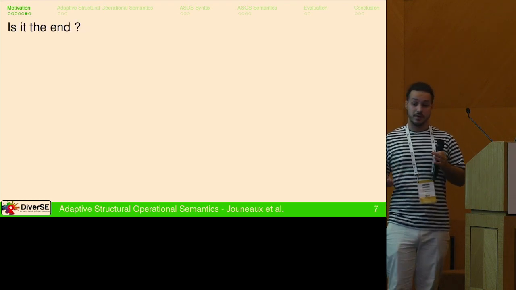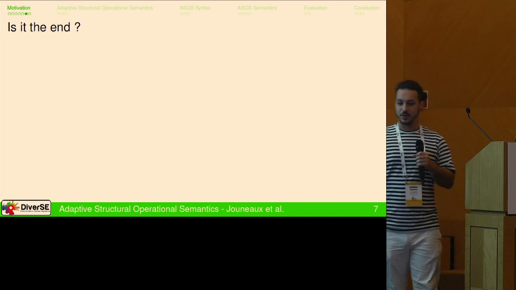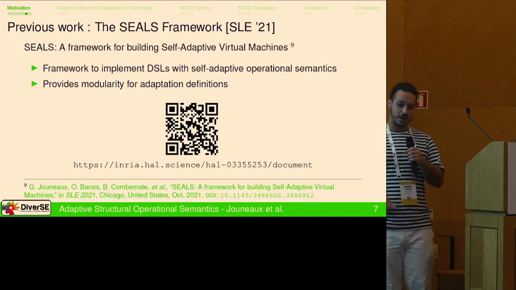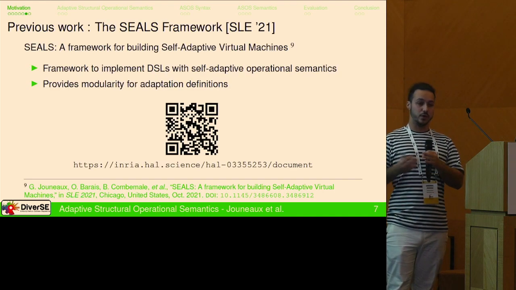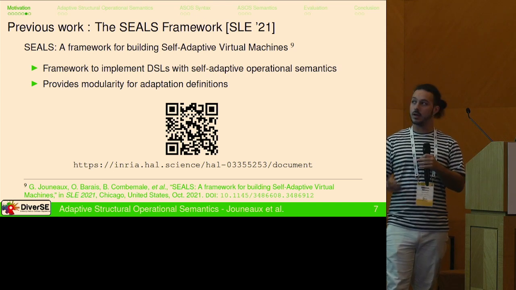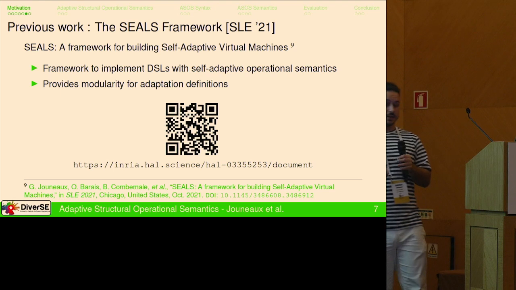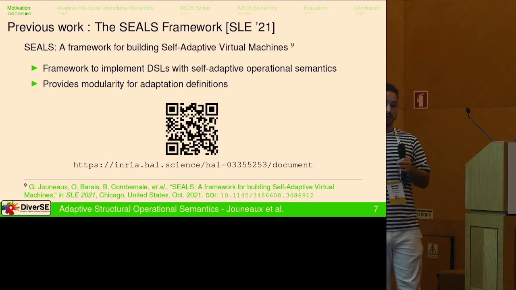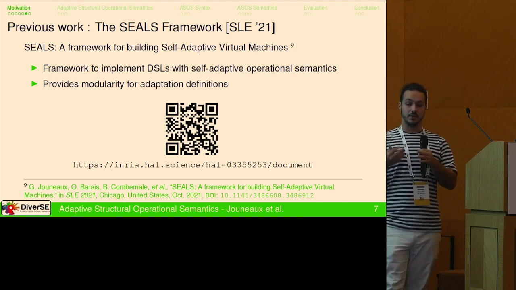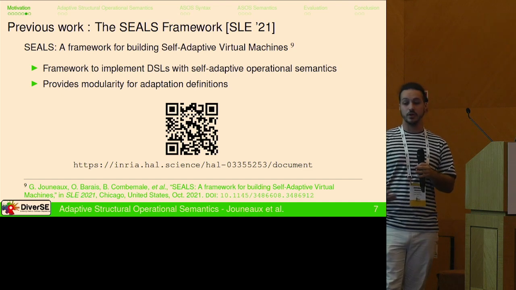So the question is: is there an alternative? Of course, if I'm giving a talk, the answer is yes. We did previous work on that with the SEALS framework, published at SLE two years ago. The idea of the SEALS framework is to implement DSLs with self-adaptive operational semantics.